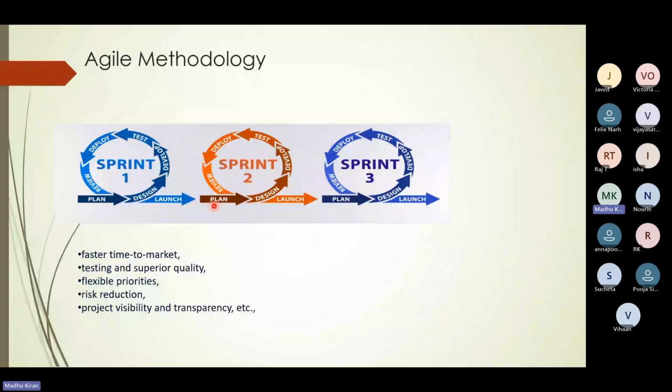Ideally, most of the organizations are following 2 weeks of sprint. There are some organizations following 1 week of sprint, or sometimes I would say they are following even 1 day sprint, but they are not officially declaring it. There are organizations doing it because they want to satisfy the customer, the end user, as soon as possible. They don't want to really drag it for 3 months or 6 months because they want to see the feedback immediately.